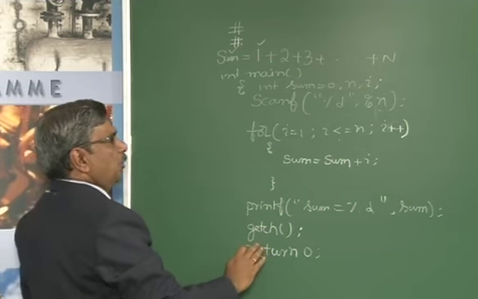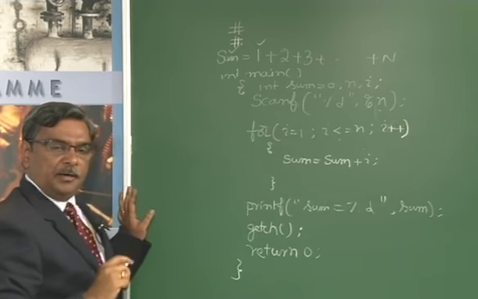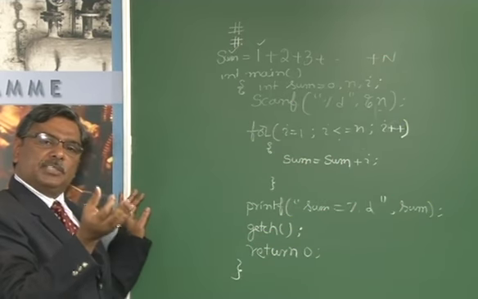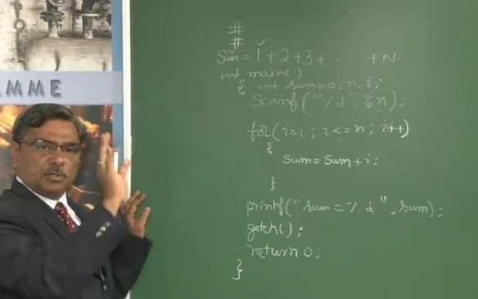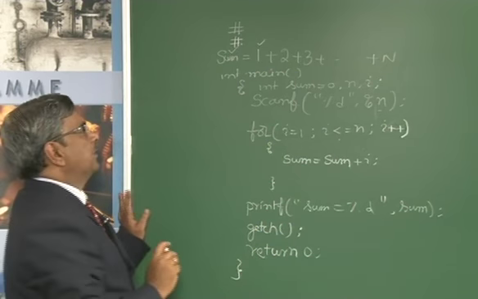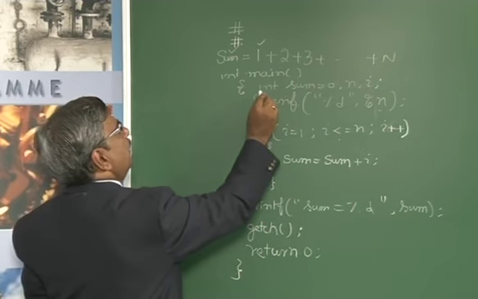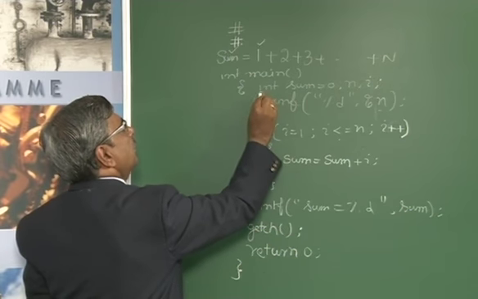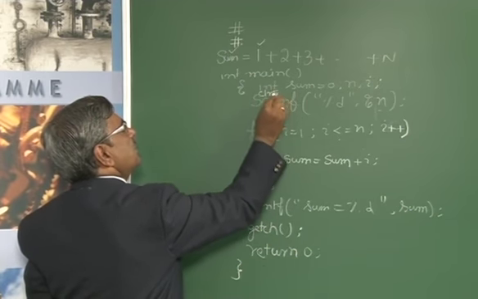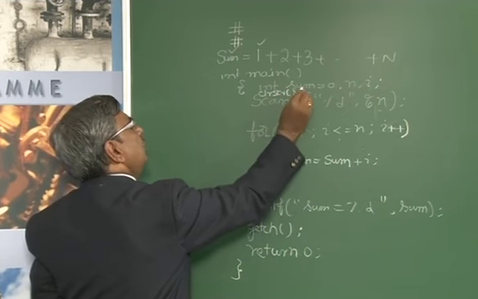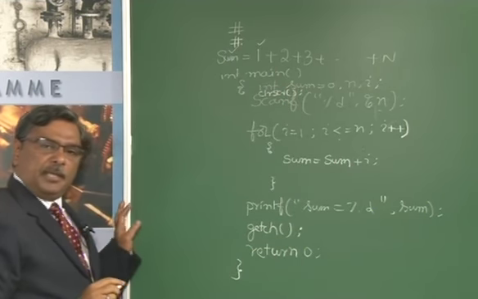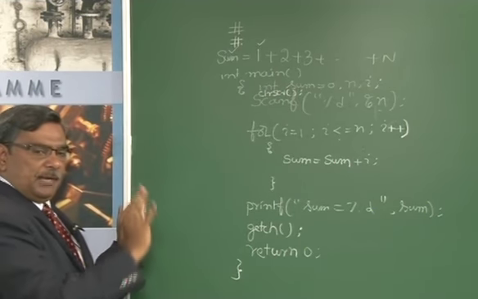When you run this program in the Turbo C environment, you can also see the output of your previous program. In order to avoid this, you can introduce one statement after your declaration, that is clrscr. This is a short function available in the C language to clear your output screen.